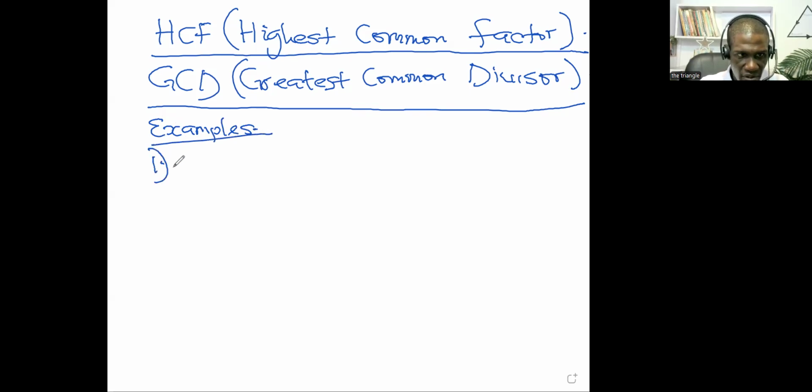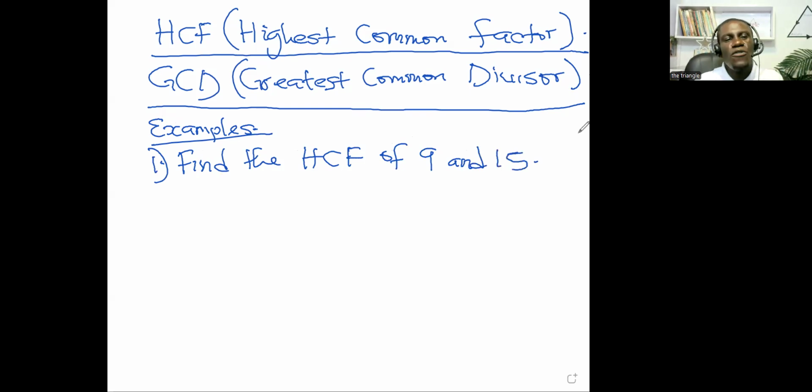So you have this question. It says, find the HCF of 9 and 15. Just as we said before, we have to look for the highest number that can divide 9 and divide 15 without remainder. So now let's see. We'll draw our table.